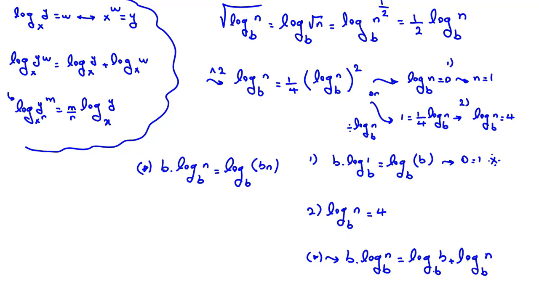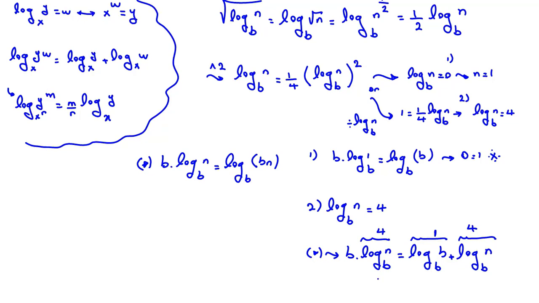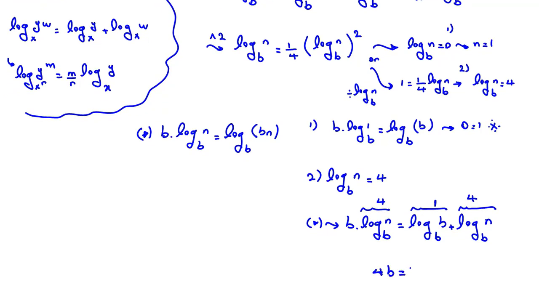Log_b of b, by the definition of logarithm, is 1. Log_b of n is what we found here, 4. So we say here 4b equals 1 plus 4. Now 1 plus 4 is 5. So if we divide both sides by 4, b equals 5 over 4.